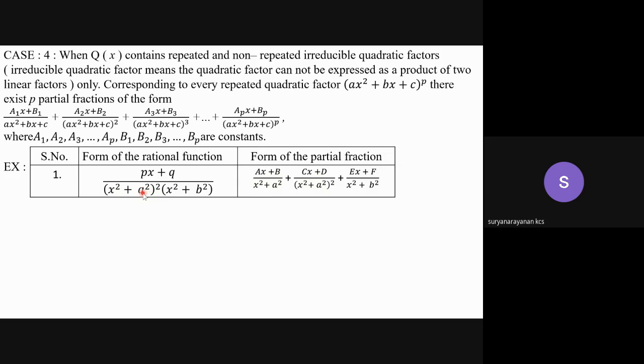Corresponding to this repeated quadratic polynomial. And what is the next factor? This is also a quadratic polynomial. It is non-repeated. Whole square, whole cube, like this, is not given. Means this is a non-repeated quadratic factor.